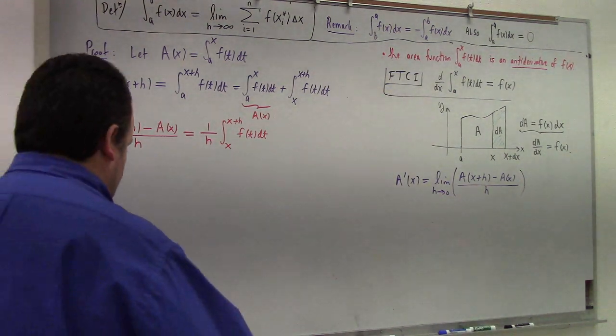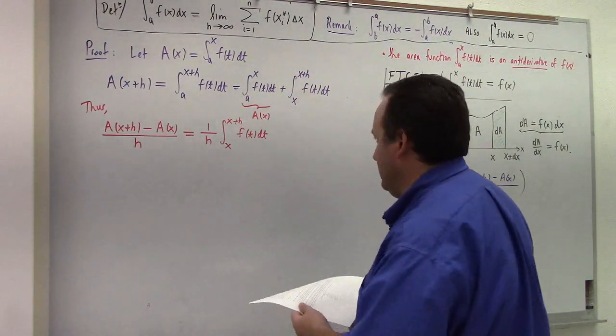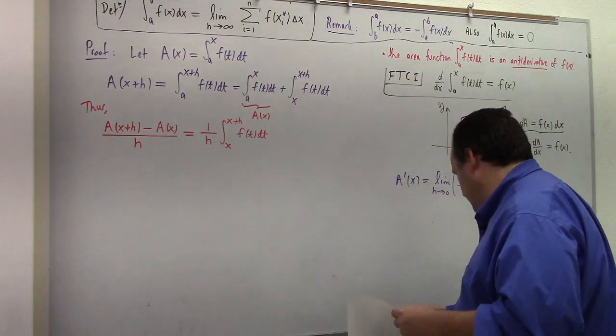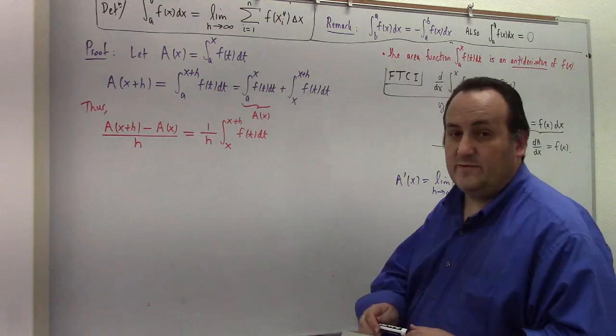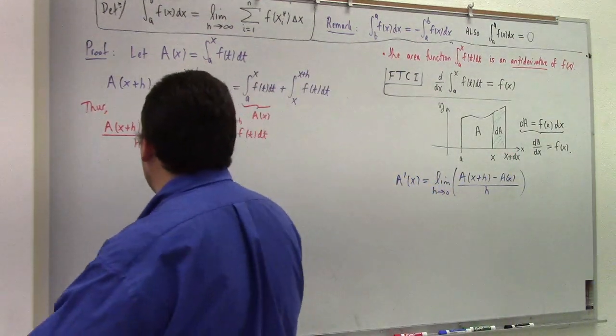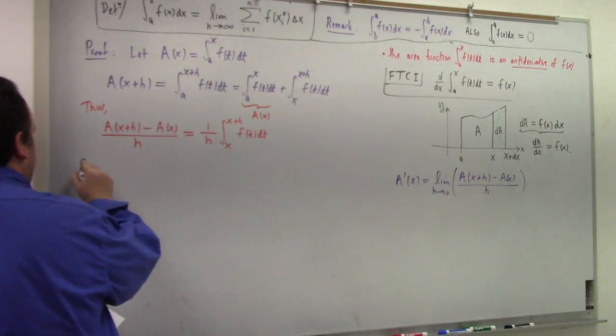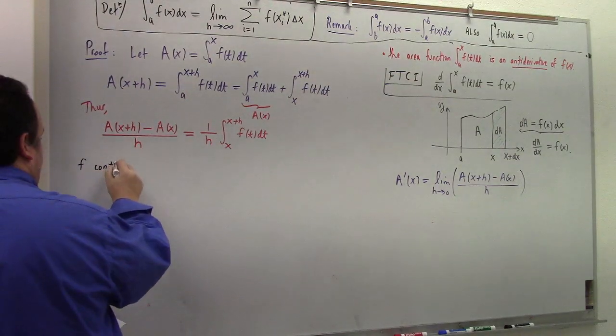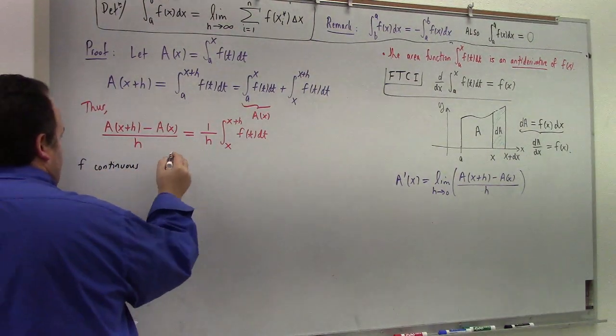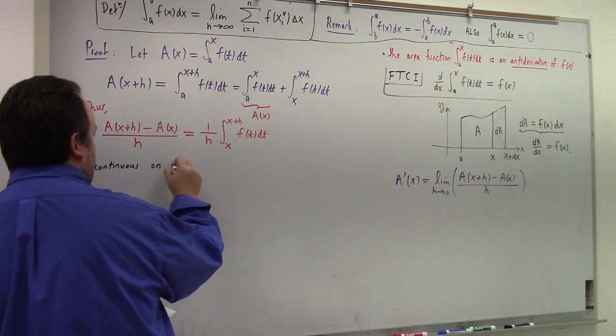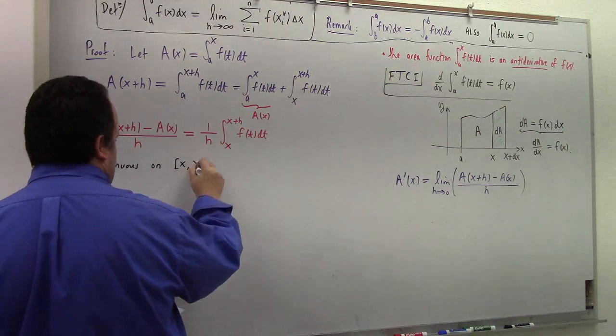All right, so here it gets a little technical for just a second, but not too bad. We're assuming f is continuous on the closed interval from x to x plus h.